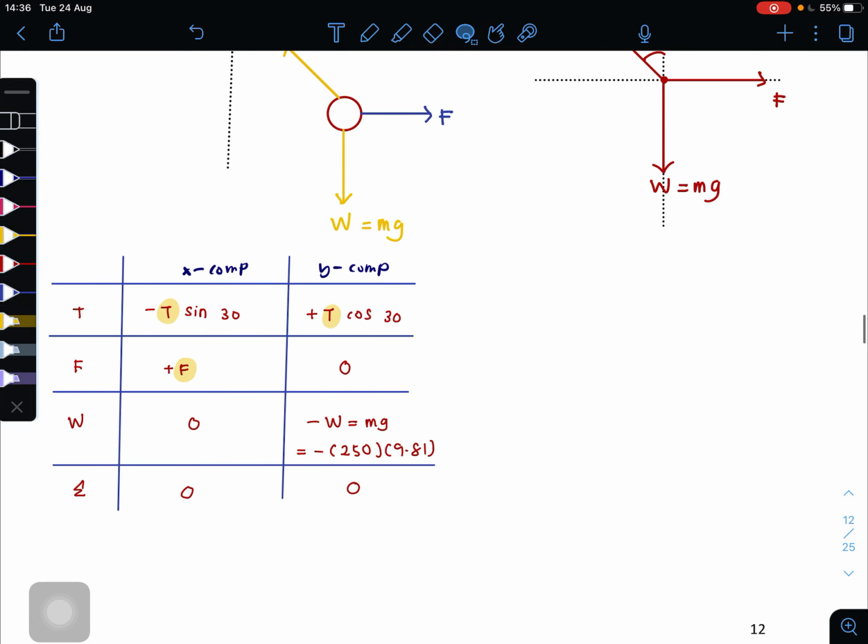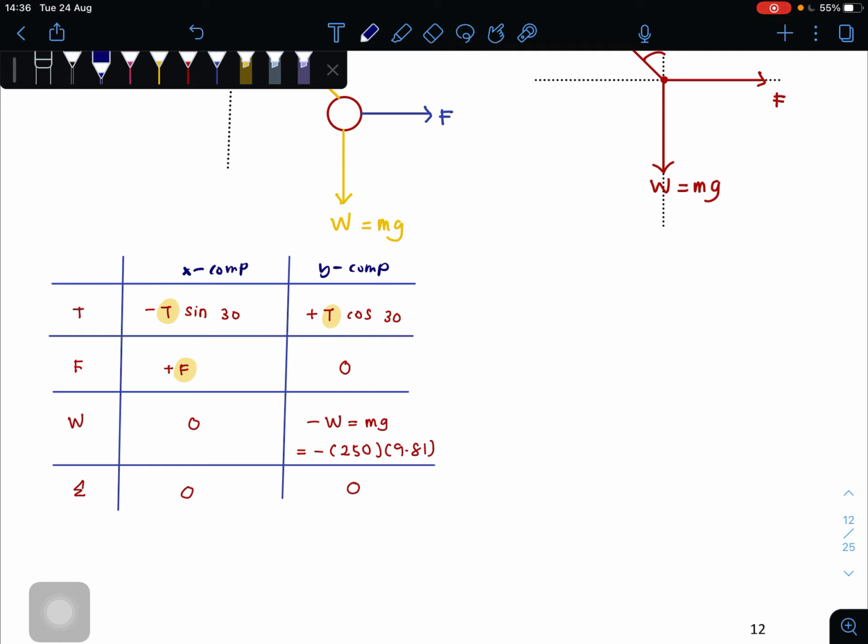Okay, so now we write out the equation here for this one, for the X component, which equals zero. So we have negative T sin 30 plus F plus 0 equal to 0.